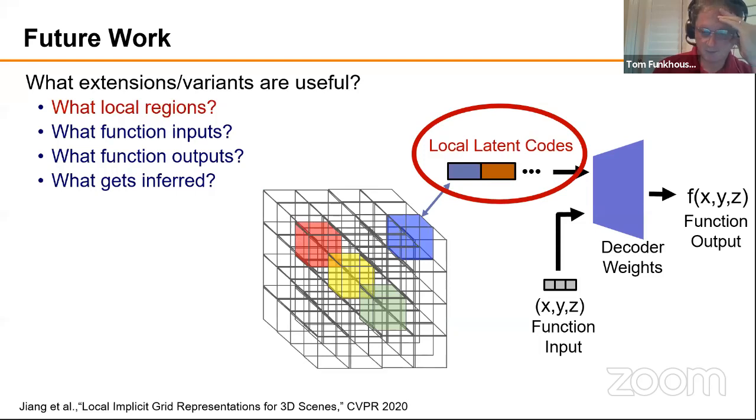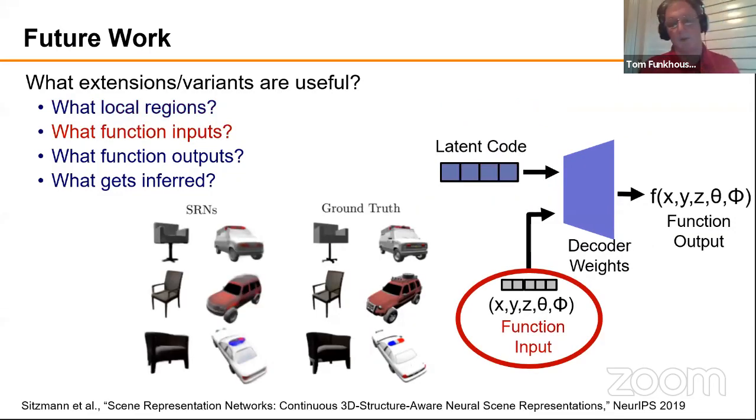In another CVPR paper, we had latent codes on grid cells, so that we could more accurately encode and decode local shapes and so on. That's a similar idea, but with a different decomposition. So what other decompositions make sense that are easy to infer and consistent and have the different properties you want?